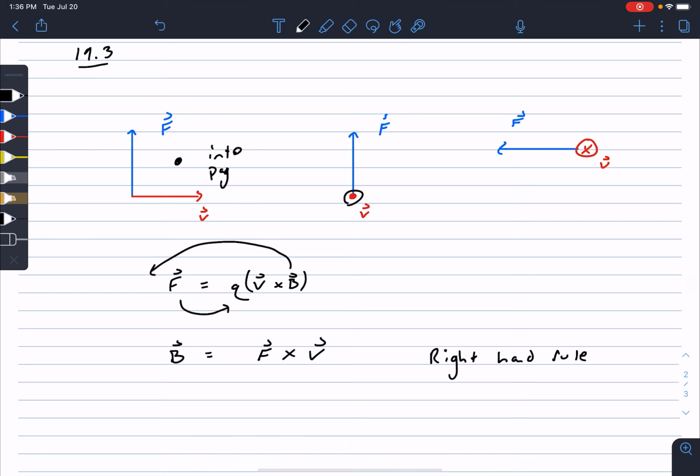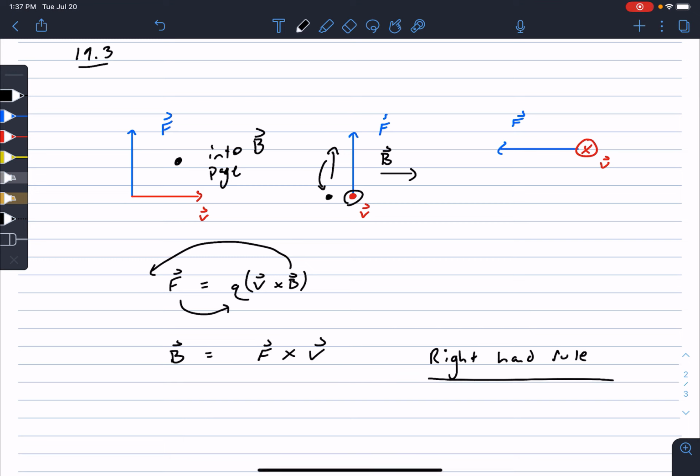The B field is pointing into the page. Now we point along this way and curl upwards towards us. That means that the B field is pointing to the right. I'm just using the right-hand rule for all of this.